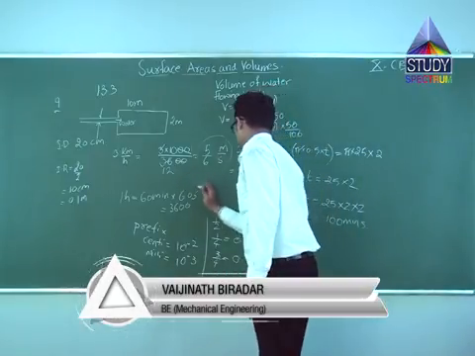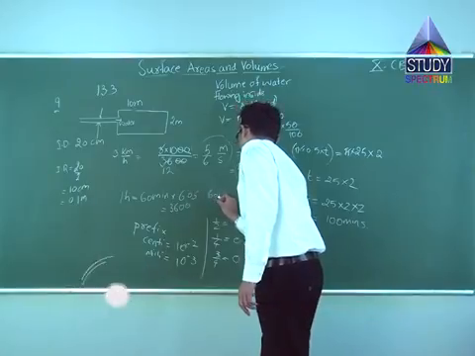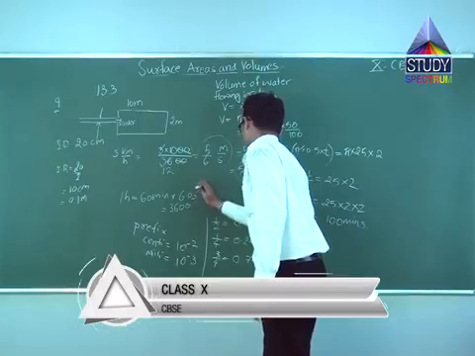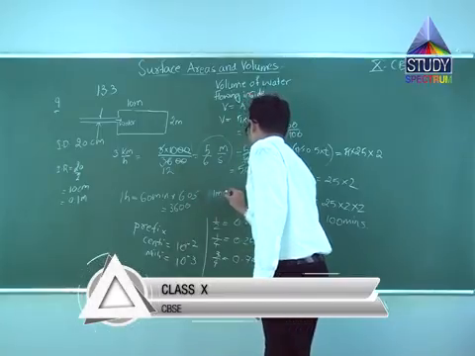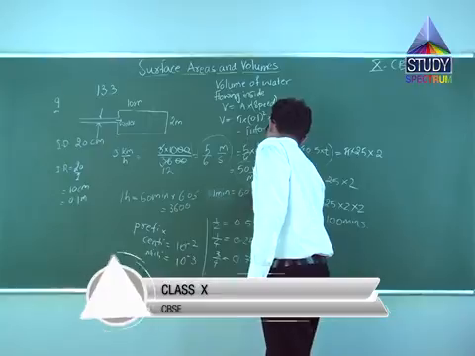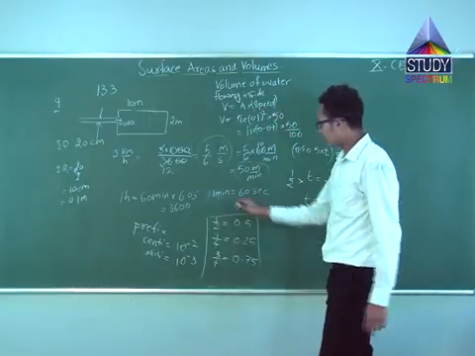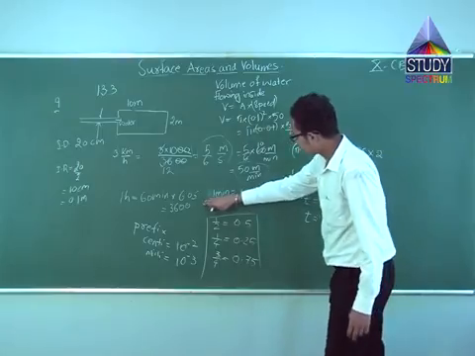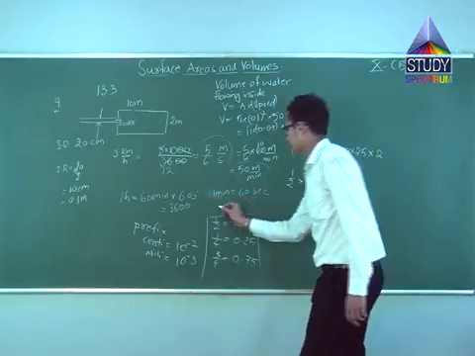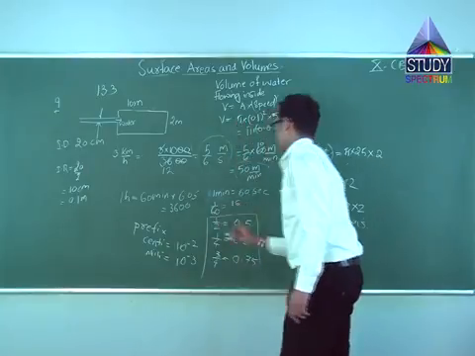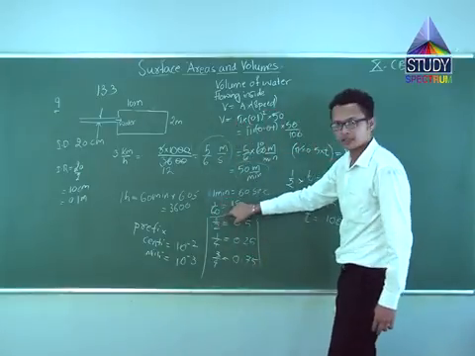This is like this: 1 minute is equal to 60 seconds. Now divide both the left hand side as well as the right hand side by 60. You have 1 by 60 minute equal to 1 second. Now this is in terms of minute, mind you.